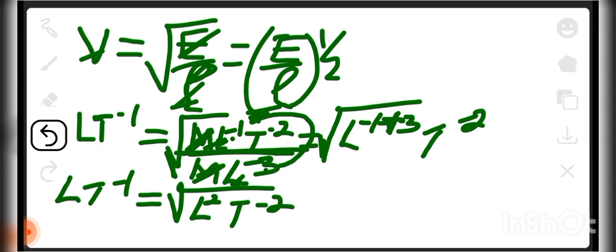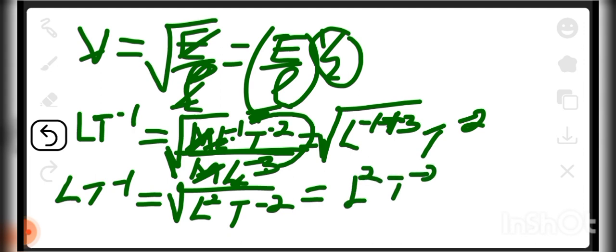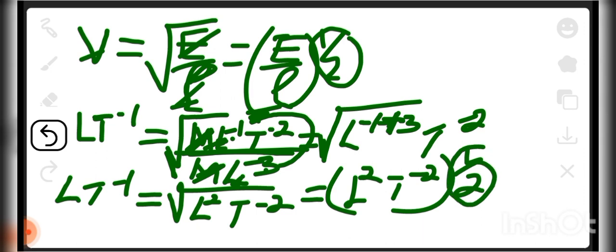You need to remember, I told you square root means raised power half. So I'm just going to change it to that. Square root of anything means that thing raised power half. We have L square T raised power minus 2, all raised power 1 over 2. This power here will affect this and this.